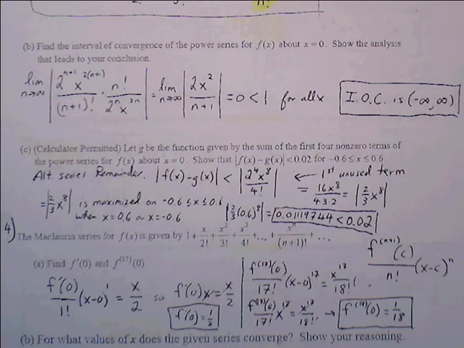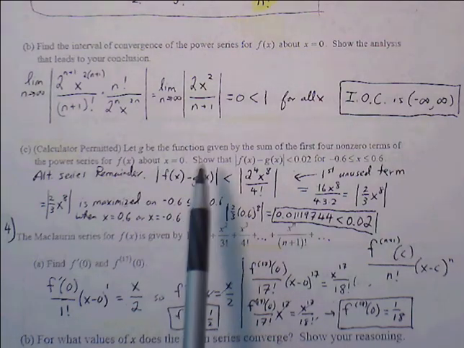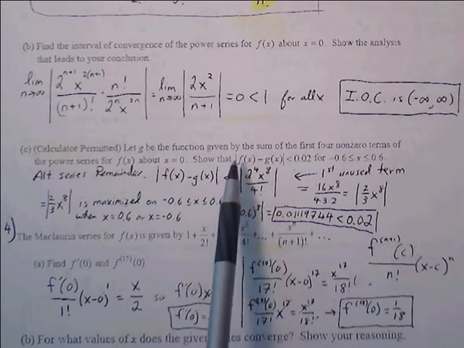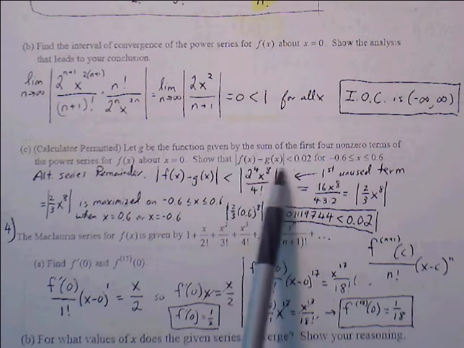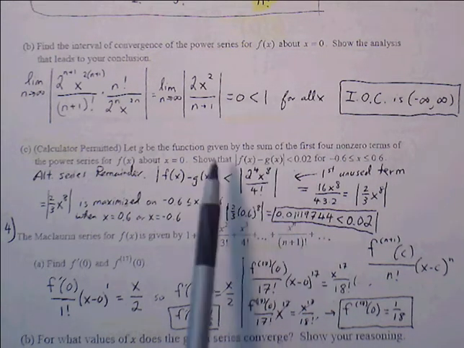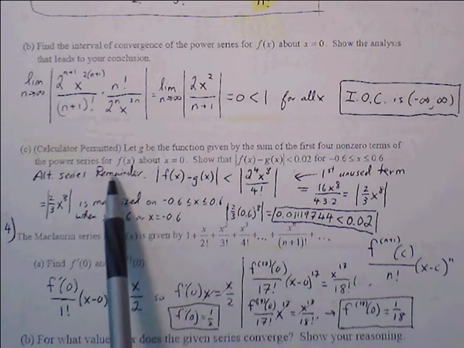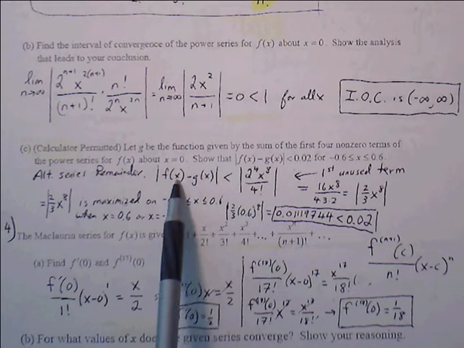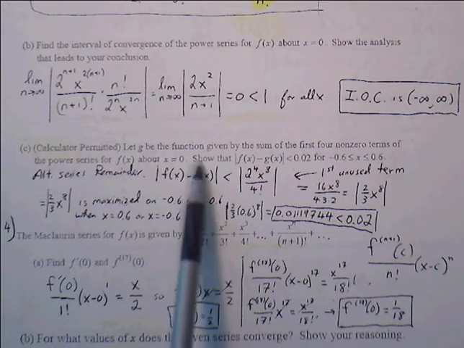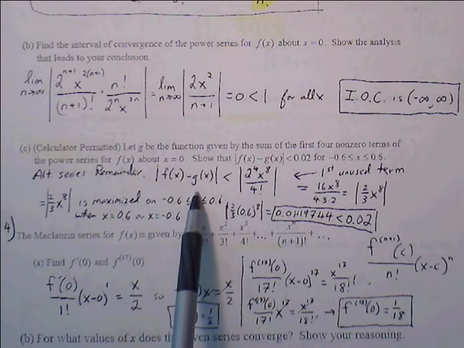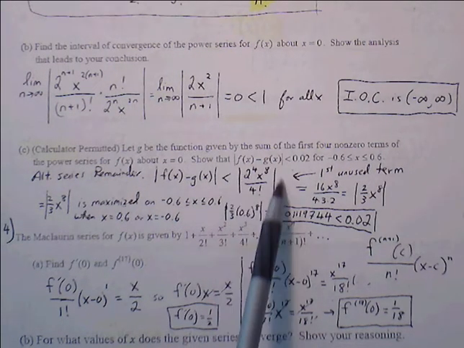Part C, let g be the function given by the sum of the first four non-zero terms of the power series, and show that the absolute value of f of x minus g of x is less than 0.02. Okay, so if we think about the alternating series remainder, then we know that the most that the series will be off by will be less than the first unused term.